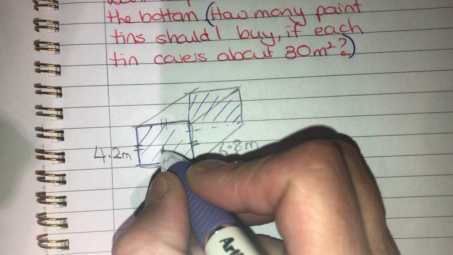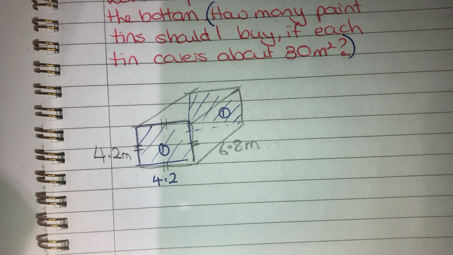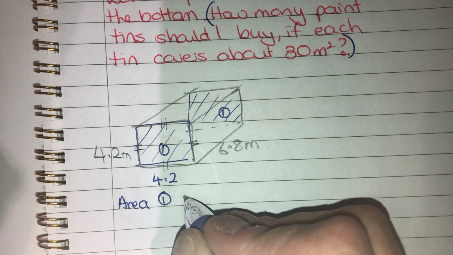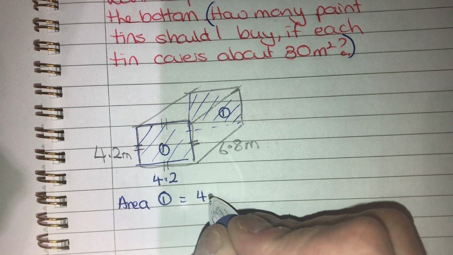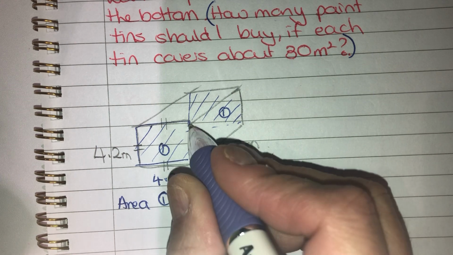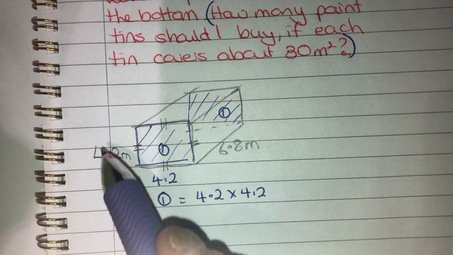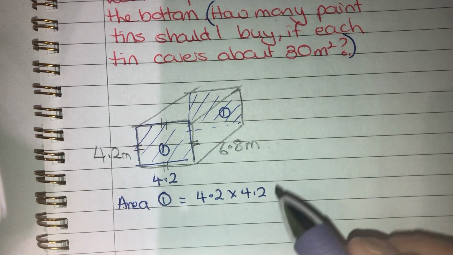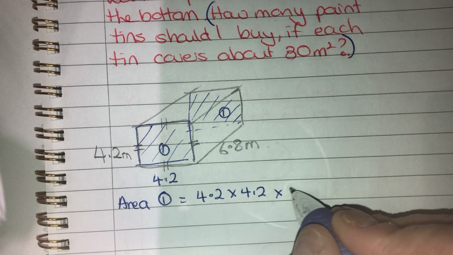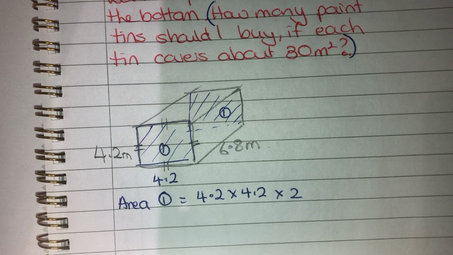So I'm going to put a 1 in there, and that's a 1 as well. So we're going to go area 1 equals 4.2 times 4.2. How do you work out the area of a square? You do length times width. But there's 2 of them, so when we're done, we're going to multiply that by 2.